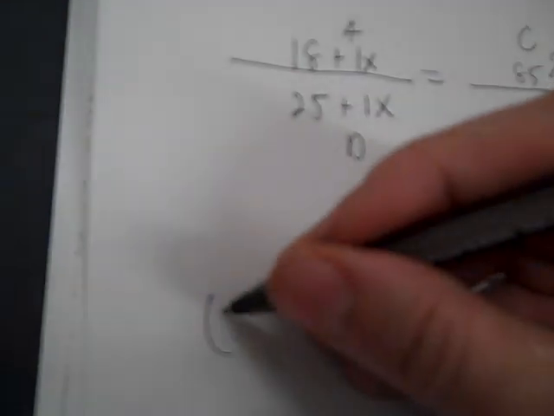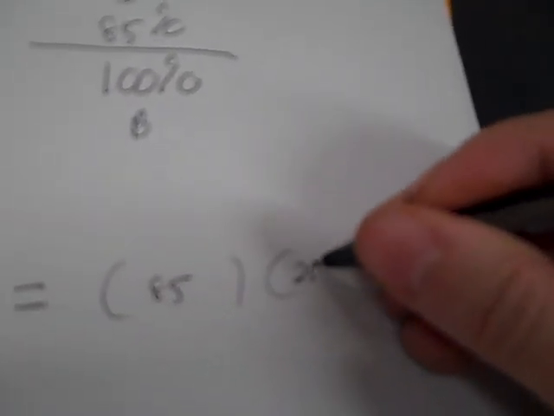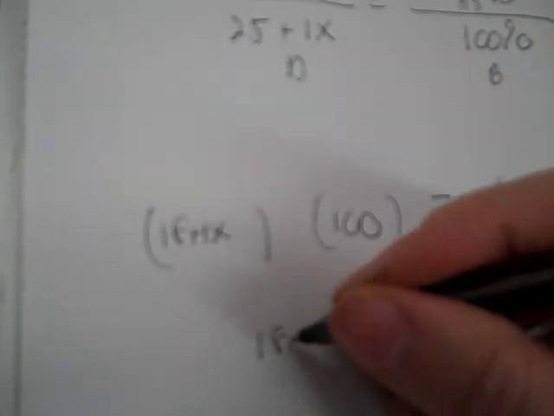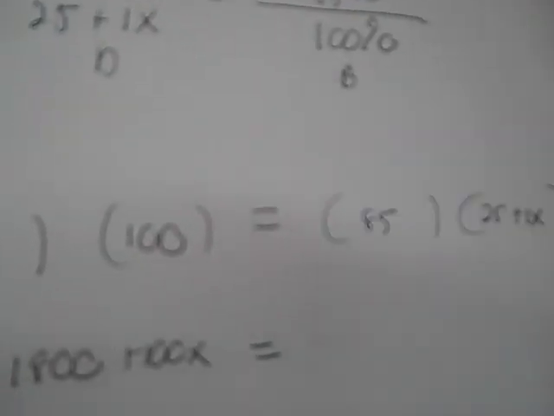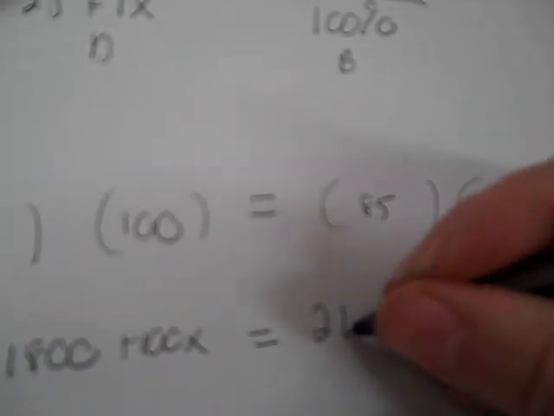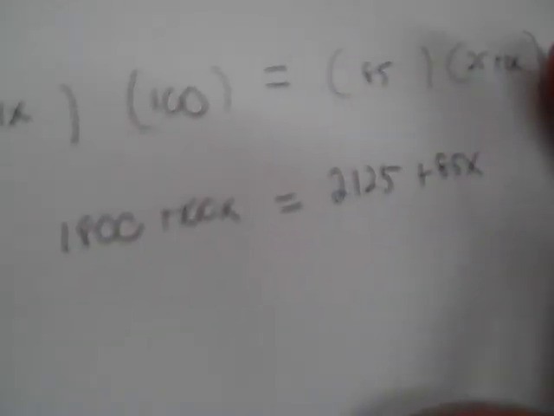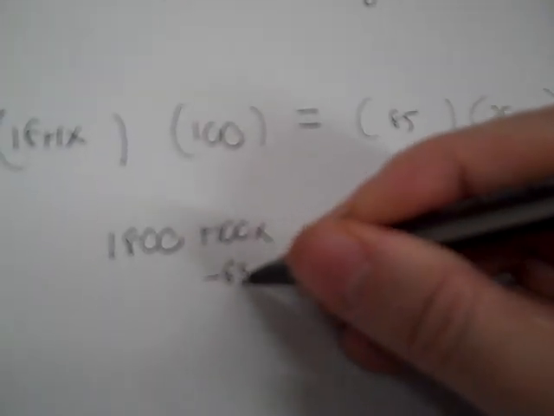And I will be taking 18 plus 1x, that gets multiplied by 100, and then I'll be taking 85 times 25 plus 1x. So 18 times 100 is 1,800 plus 100x. 85 times 25, 2,125. Okay. All right, so I want to get my x's on the same side because they're like terms.